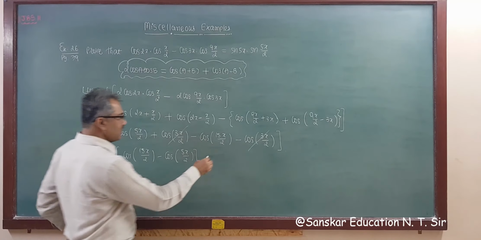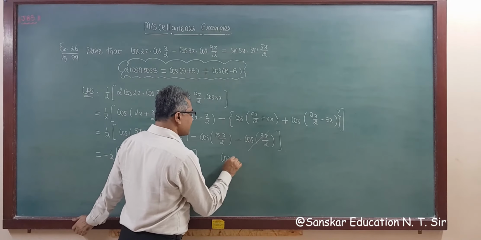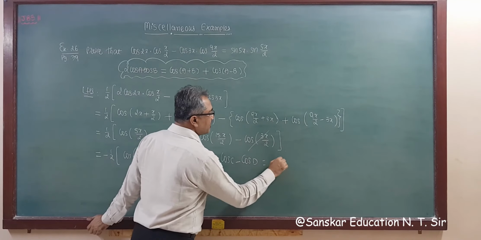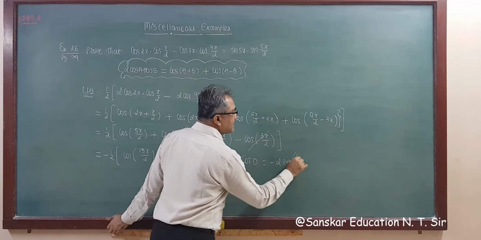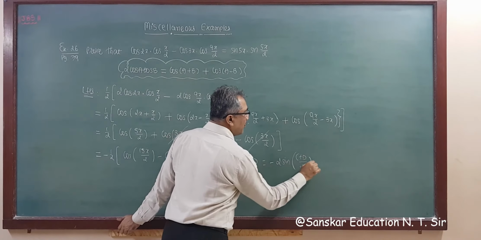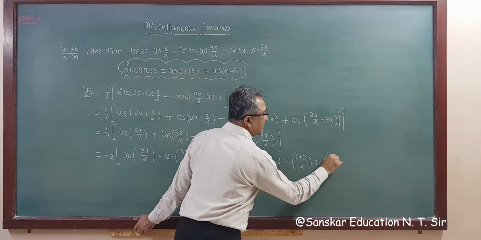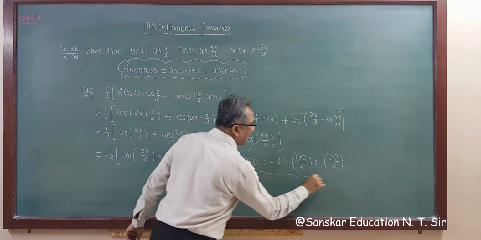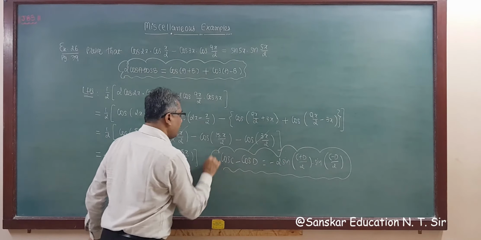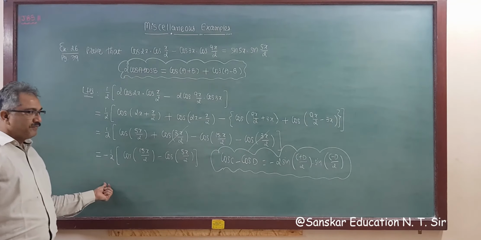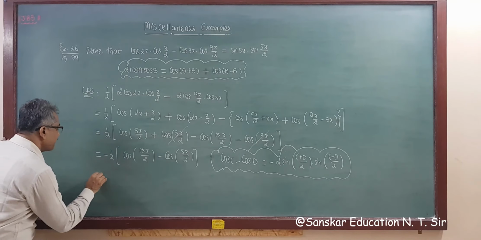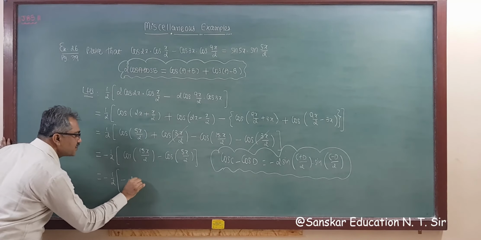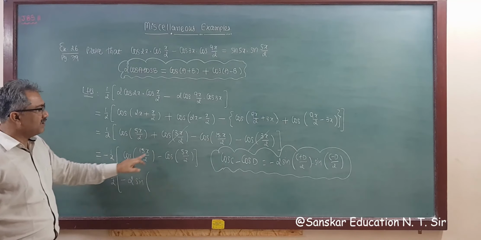Applying the cos C minus cos D formula, that is minus 2 sin of C plus D by 2 into sin of C minus D by 2. This is the formula that we have to apply here. So applying this formula, what do we get? Minus 1 upon 2 into minus 2 sin of C plus D by 2.